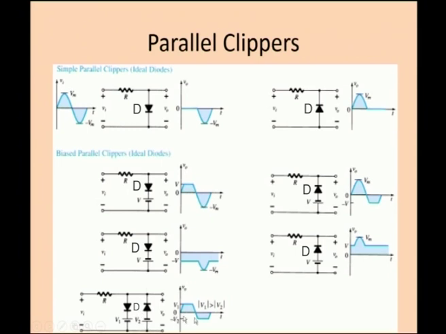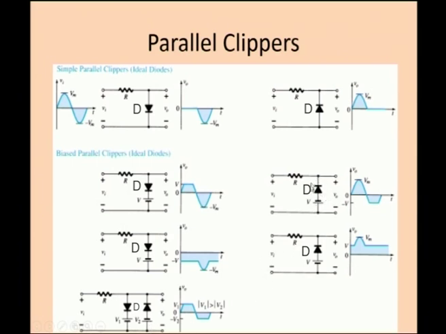And how will you obtain this kind of circuit? See here, there are two diodes in the two parallel arms. So, it is a combination of any two circuits out of these parallel clippers. This is a diode with the DC supply.